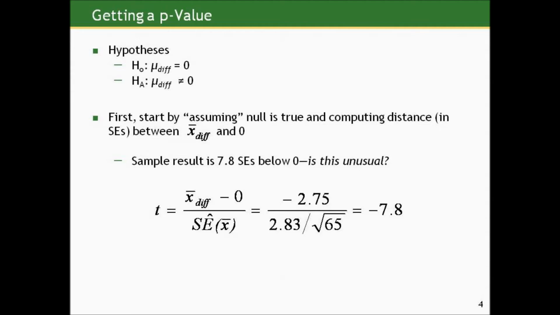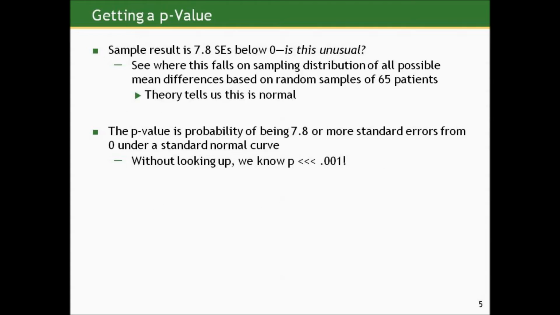So again, we first start off by assuming the null is true, and then computing the distance in standard errors between our observed mean difference on the 65 patients, between the two raters, the two doctors, and 0. And if we do this, we actually get a sample result that was 7.8 standard errors below 0. Our distance measure was negative 7.8.